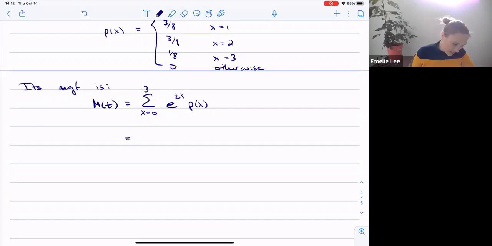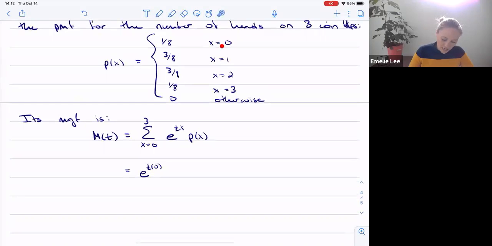So we have e to the t times 0, right? Starting at x equals 0, and p of x when x is 0 is 1 over 8, right?